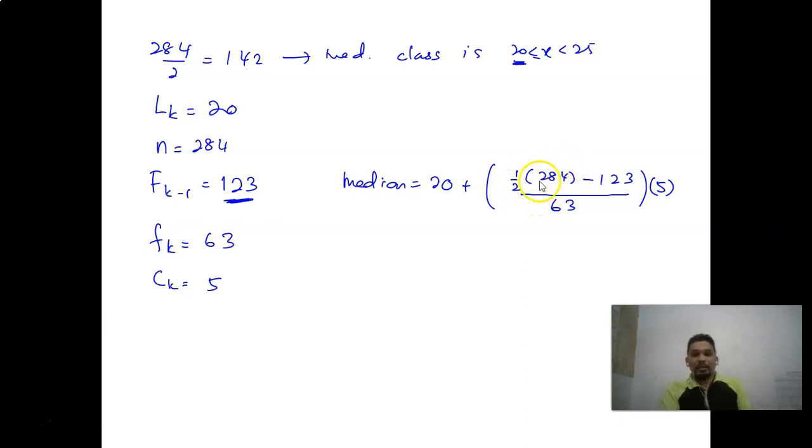So median is 284 divided by 2 minus the cumulative frequency before the median class, 123, divided by the frequency of the median class, and this gives you 21.51.